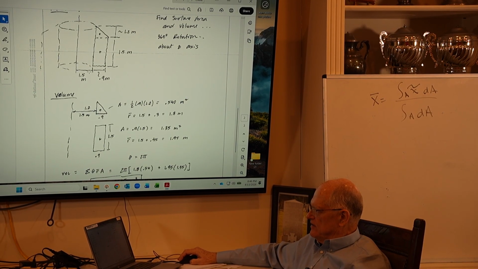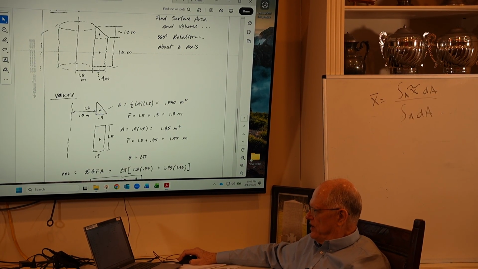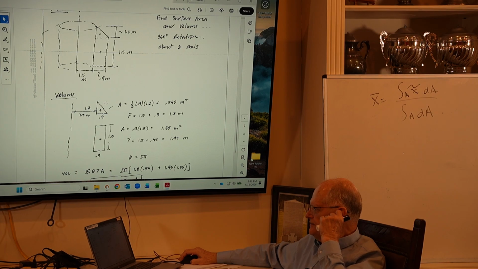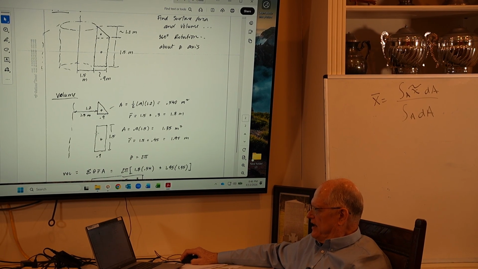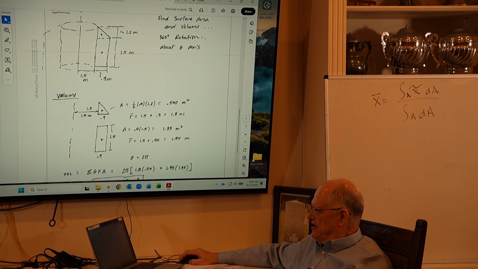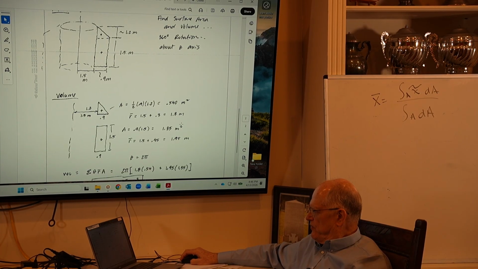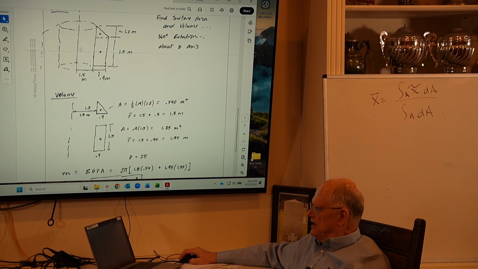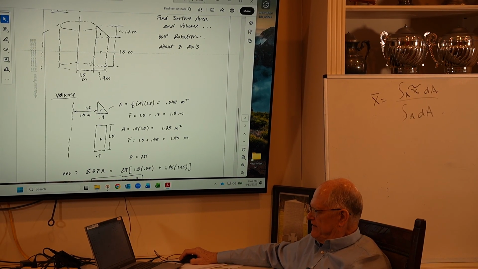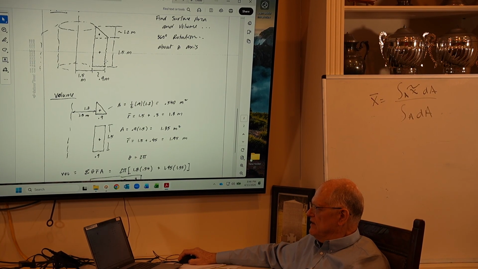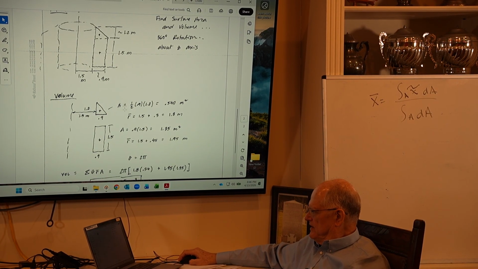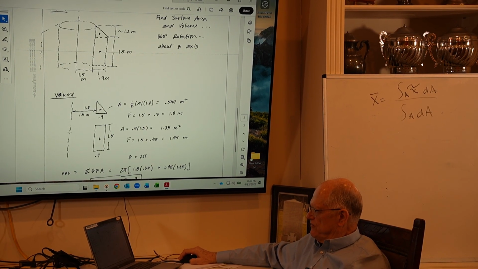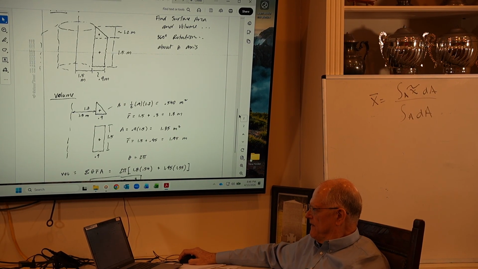So 1.5 plus 0.3 is 1.8 for the triangle. For the rectangle, the area is 0.9 times 1.5, which is 1.35. And its r bar is 1.5 plus half of 0.9, which is 0.45. So it's 1.95 from the axis of rotation to the centroid of the rectangle.